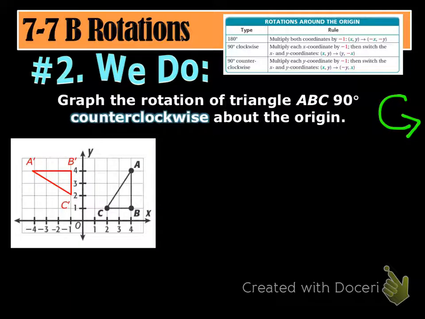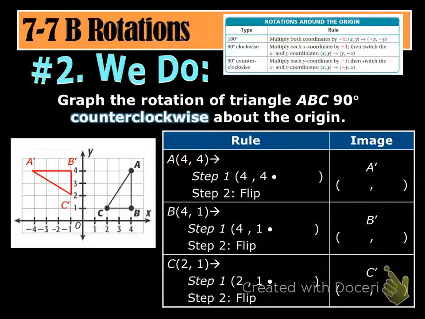So again, I'm going to make up my table here, and I'm going to apply my rules. It says, step 1, multiply each y coordinate by a -1. So I'm just going to multiply just the y coordinate by -1, which would give me 4, -4.